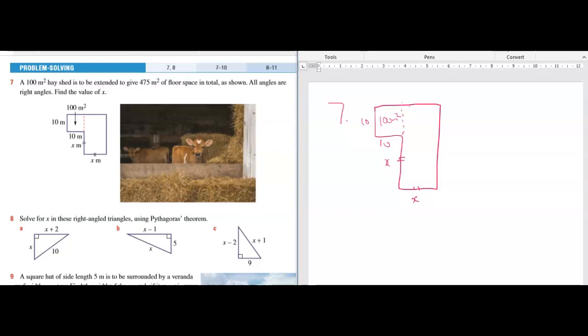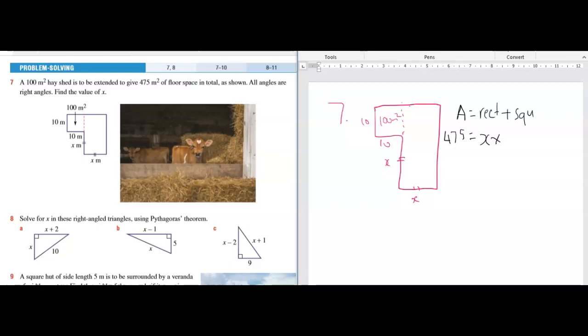All right. Now we've got two shapes here, and they're both, one's a square and one's a rectangle. So let's write a formula for that area. So you can say we've got a rectangle plus a square. The full area has to be 475. The rectangle is going to be x on the bottom here.